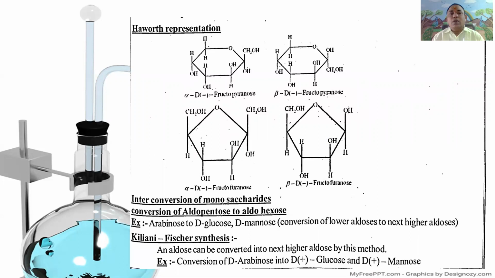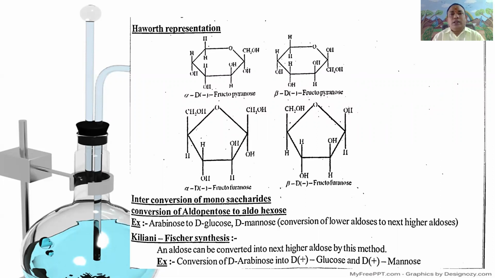Here the alpha-D-fructopyranose and beta-D-fructopyranose are anomers. Anomers are compounds having the same formula but differing in the arrangement of atoms on the second carbon, the functional group carbon.